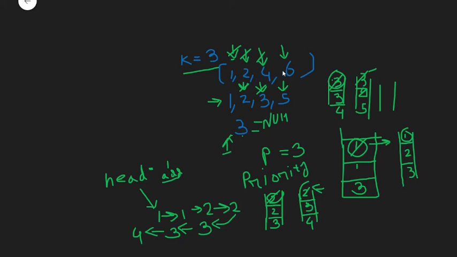Now we'll be pushing this 6 to our priority queue. So now our priority queue will look like this. It will contain two elements, 5 and 6, right? So now 5 will be the one which would make this 4 point to 5, right?